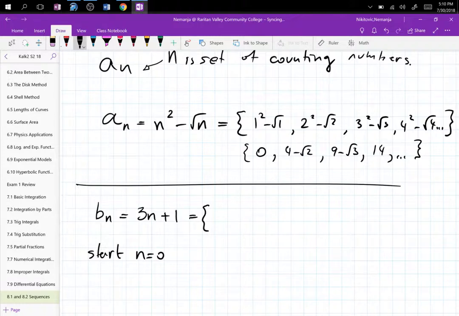So let's go with the 0. 0 is not a part of the counting numbers, but we can still use it. Because you don't count 0 students and then 1, 2, 3, 4, 5. You just go 1, 2, 3, 4, 5. All right, so use the formula and get the first 5 terms for the sequence.